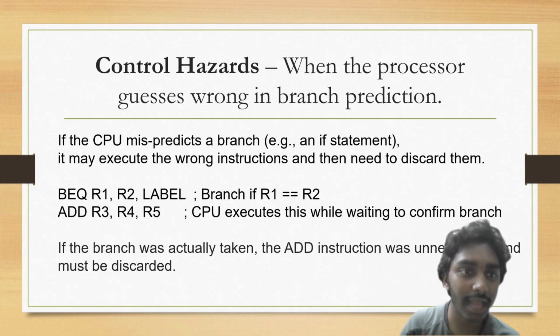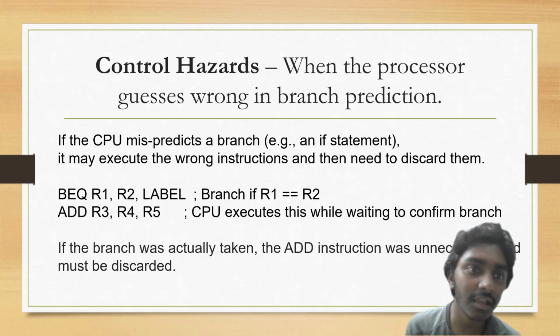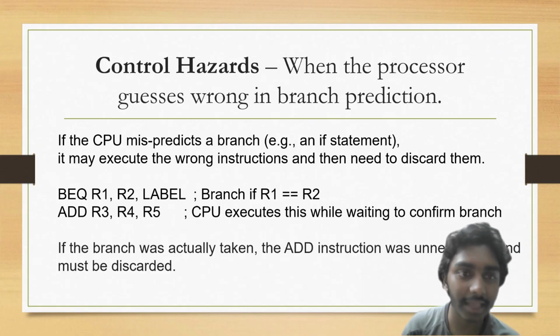So let's discuss that here. When the processor makes wrong predictions, the execution might go wrong. So basically, it has to discard them, and then again take back and start executing from the first. So these are some dependencies and hazards for a superscalar processor.